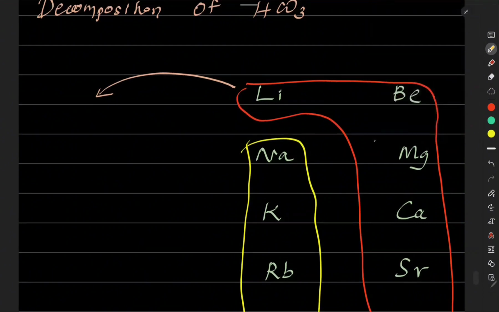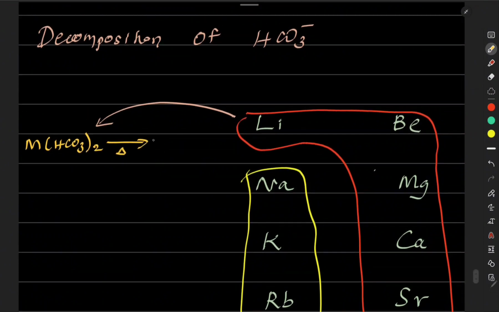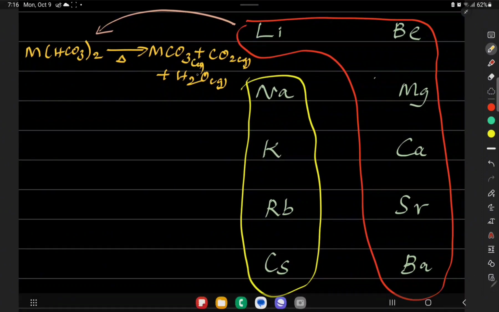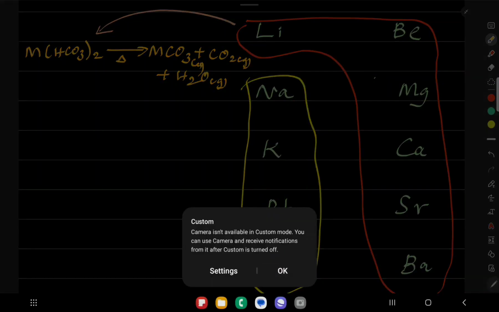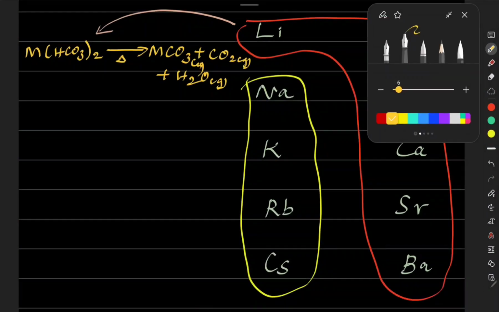Metal bicarbonates on heating give metal carbonate plus CO2 gas plus H2O, which is in aqueous form. And these metal bicarbonates on heating give metal carbonate plus CO2 gas plus H2O gas.